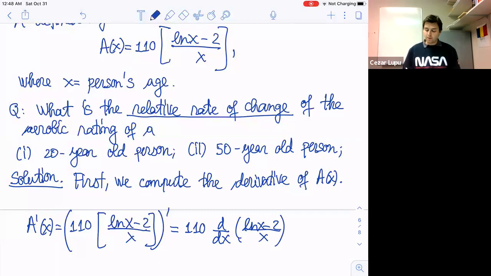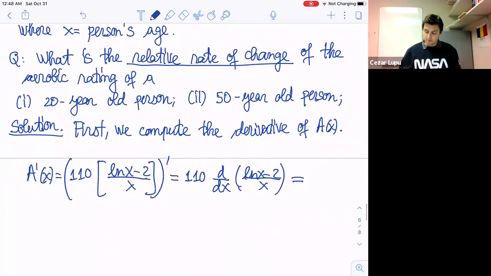So we have to compute the derivative of this. And guess what? We will apply the quotient rule.